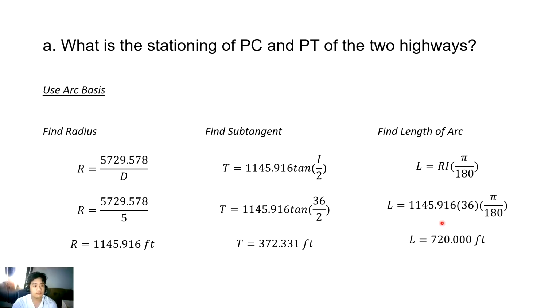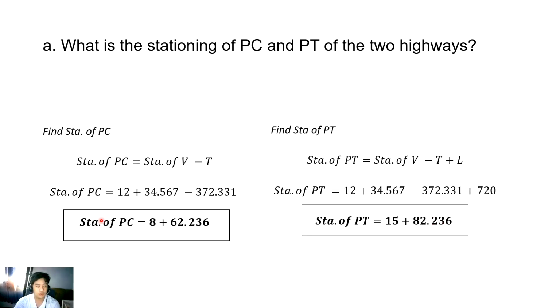Okay. Next, we're going to find the station of PC. So, for the station of PC, same formula, station of vertex minus T. So, substitute lang natin yung given problem, yung nasa given. So, 12 plus 34.567 minus 372.331, and we'll get 8 plus 62.236. So, paano ko nakuha to?